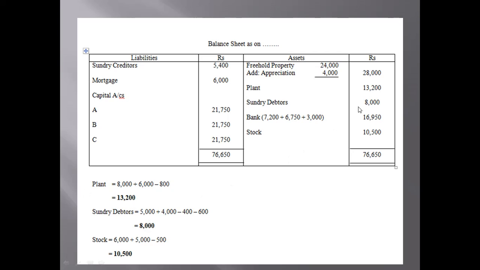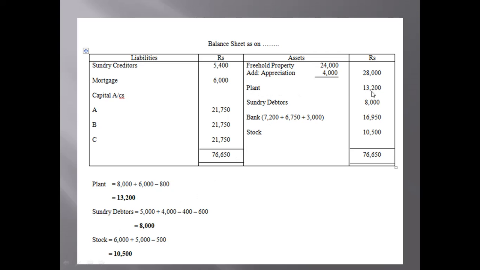We could have done the same way we did for the freehold property, but the sum would be very lengthy. The balance sheet would be very lengthy here. So it's better that we do this. It will be much easier and very short.